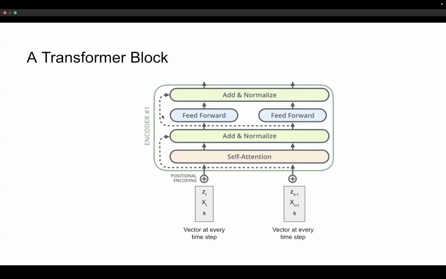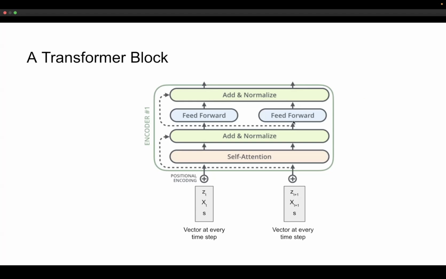And a transformer has several of these transformer blocks. Inside each transformer block, first we have the self-attention, and then we have a residual connection, which is represented by this add and normalize. After that, we also have a feed-forward network of two linear layers, and again a residual connection.